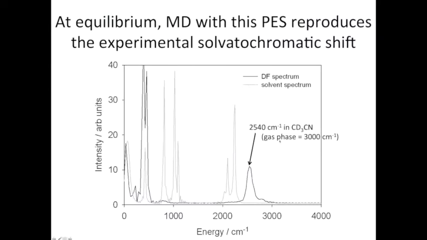So in the gas phase, the DF vibrational frequency is about 3,000 wave numbers. When it's embedded in an acetonitrile solvent, the solvatochromic shift arises and shifts it by about 450 wave numbers or thereabouts. And as a result, you see that the DF vibrational spectrum in the acetonitrile solvent is about 2,450 wave numbers.